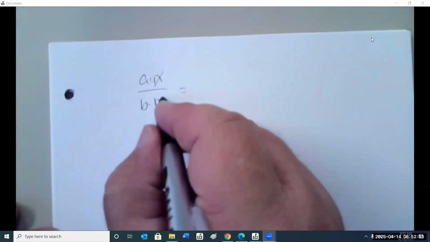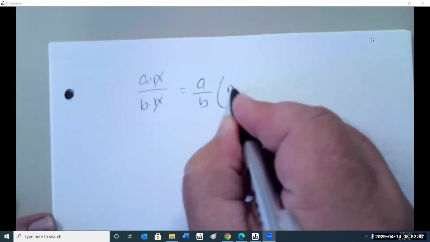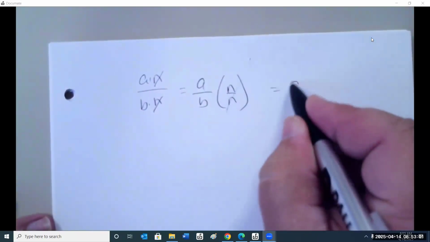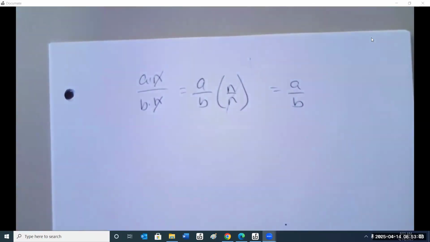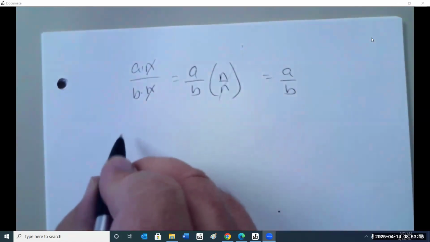We can remove the n's because n over n is 1. Now we have a fraction in its simplest form. They have nothing else in common.